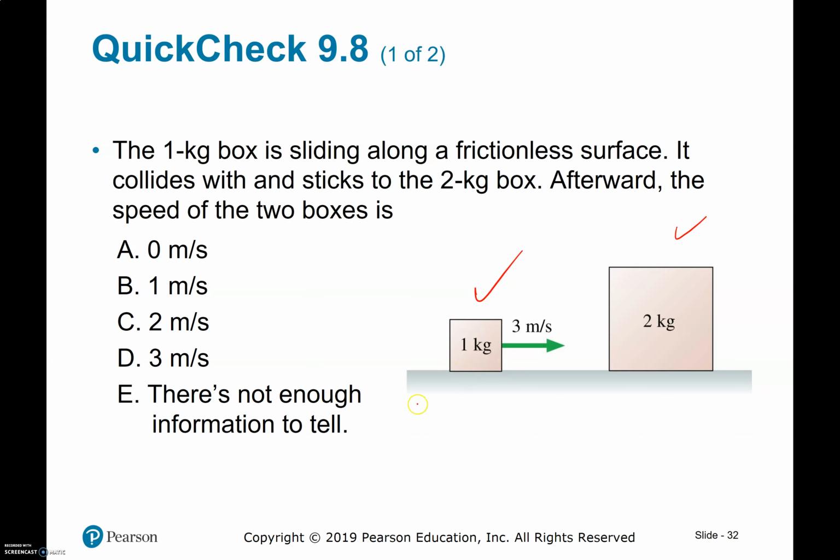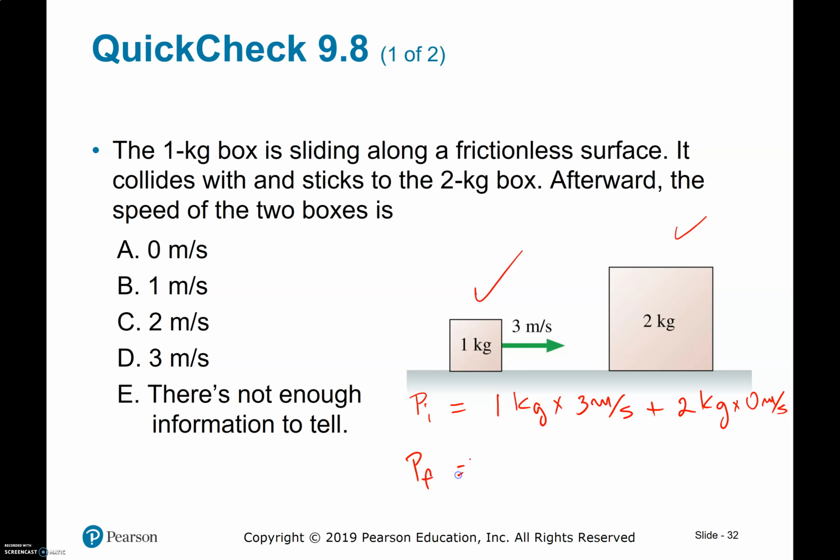So let's just write the momentum before. I'm going to call that P initial, and that is equal to the momentum of the little box, which is 1 kilogram times 3 meters per second, plus the momentum of the big box, which is 2 kilograms times 0 meters per second, because that one is not moving.